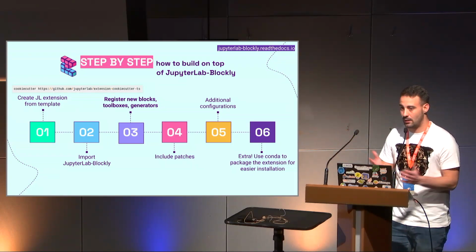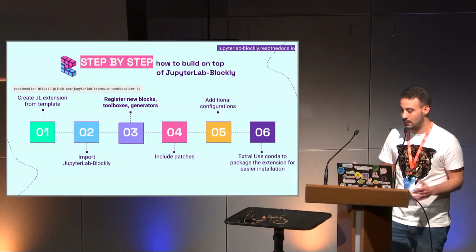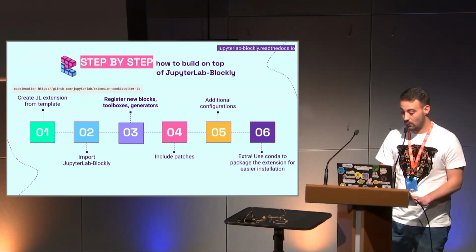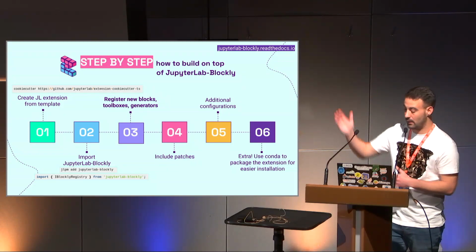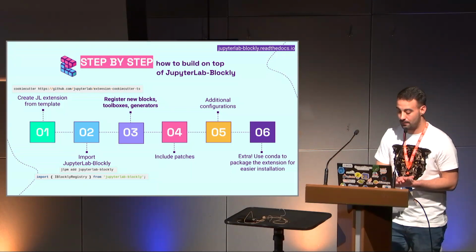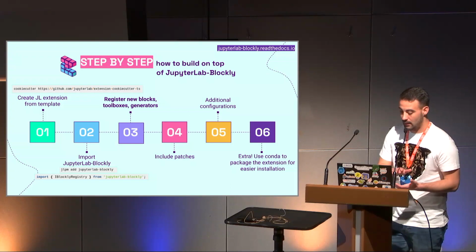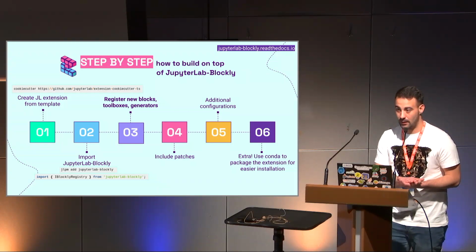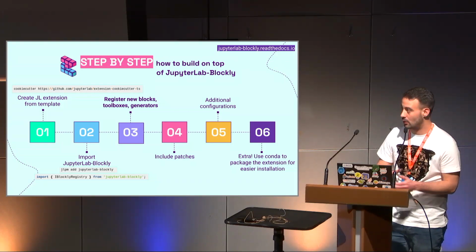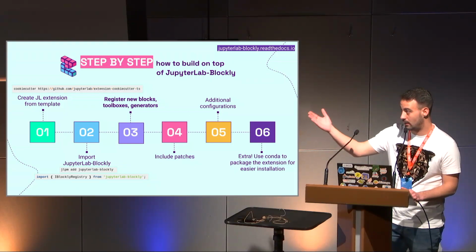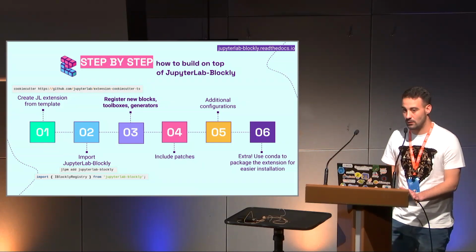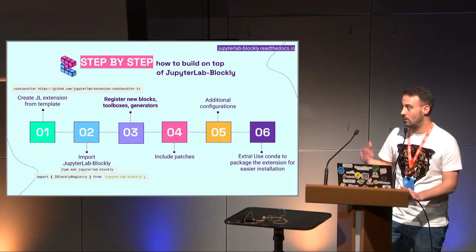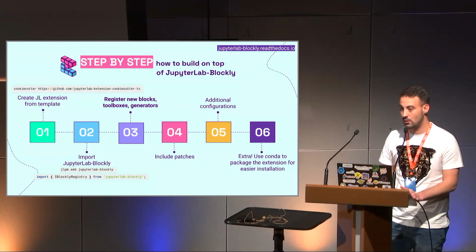It's like creating a normal extension for JupyterLab, but in this case, once you create this basic extension from the cookie cutter, you need to install the npm package JupyterLab-Blockly. Once you have the npm package, you can just require the token IBlocklyRegistry, and that's the API you will use to register new toolboxes, new generators, or new blocks.